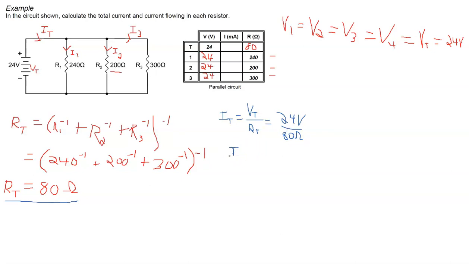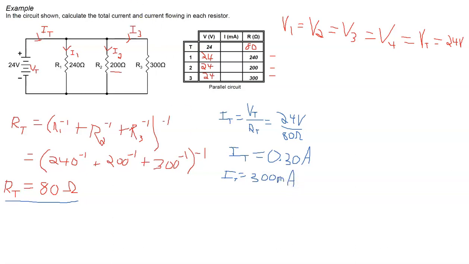and so IT has a value of 0.30 amps. And so we can write that then as 300 milliamps. Now remember, that gives us an important piece of information about the circuit.